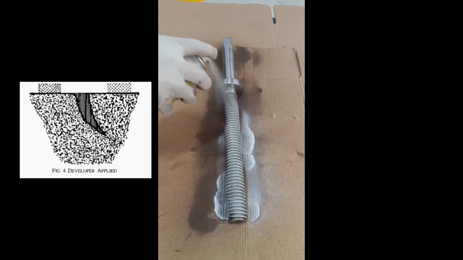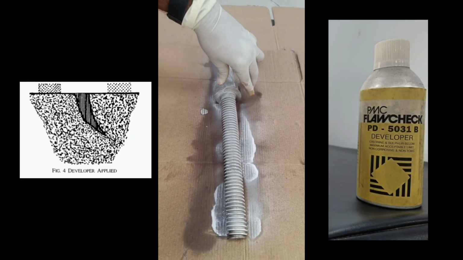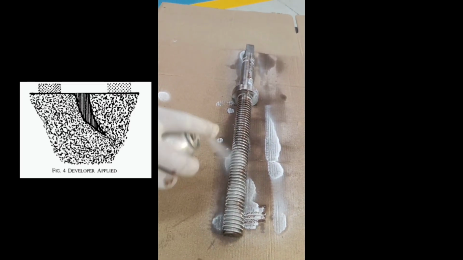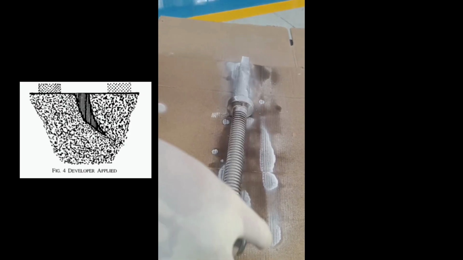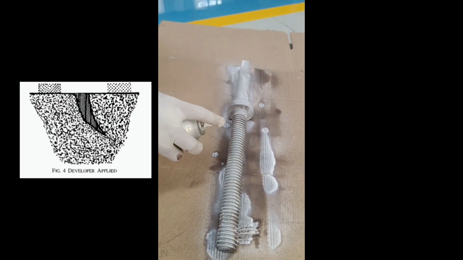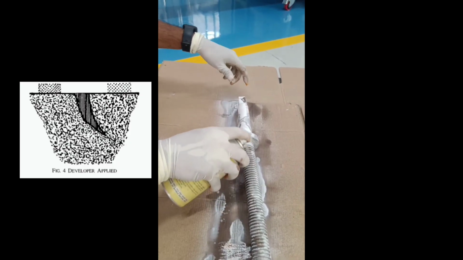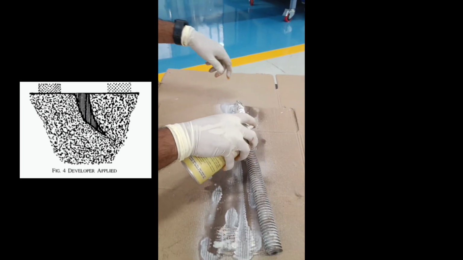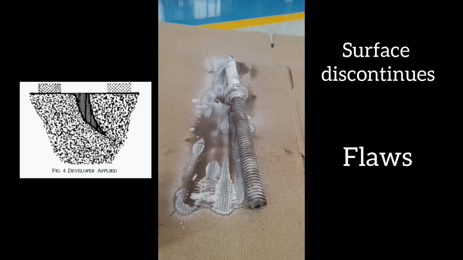Then a light colored powdered absorbent called the developer is applied to the surface. This developer acts as a blotter and draws out a portion of the penetrant which had previously seeped into the surface openings. As the penetrant is drawn out, it diffuses into the coating of the developer, forming the indications of surface discontinuities or flaws.